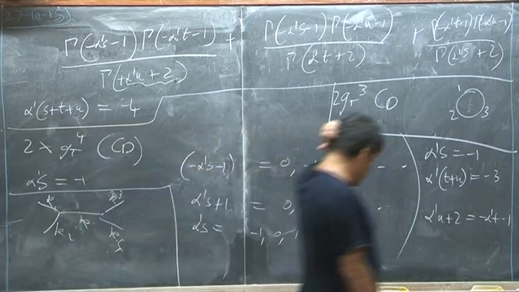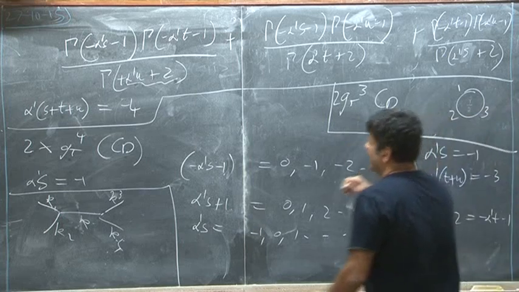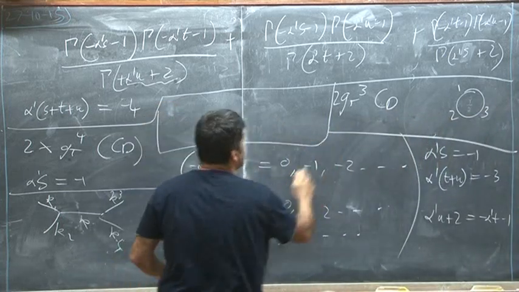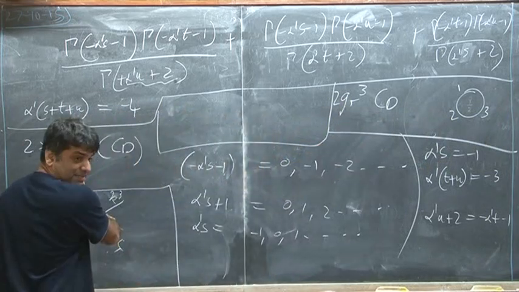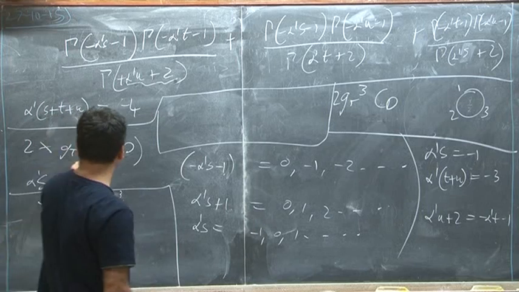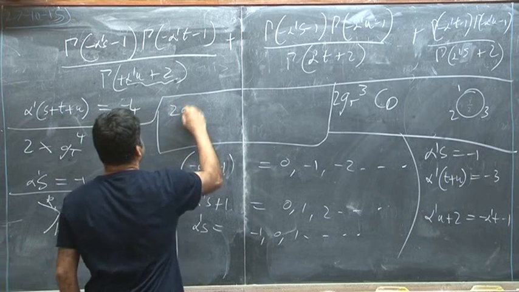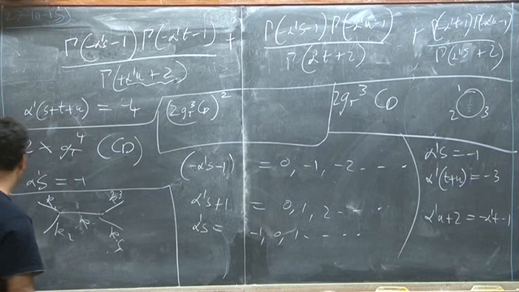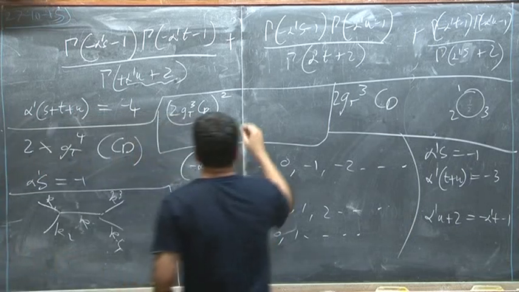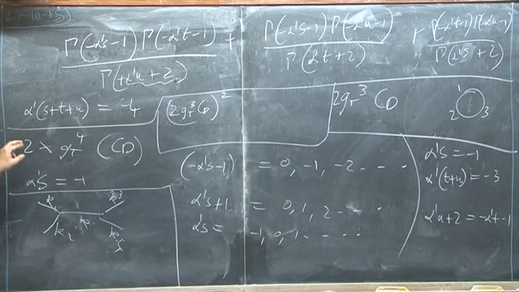Okay? Now, let's compare these numbers more seriously. You see, in order for unitarity to work, what we need is that 2 copies of this amplitude, this guy and this guy, is identified with the residue of this pole. Okay? So we take 2 g_T cubed c_T, square it, and identify it with 4 g_T to the 4th.